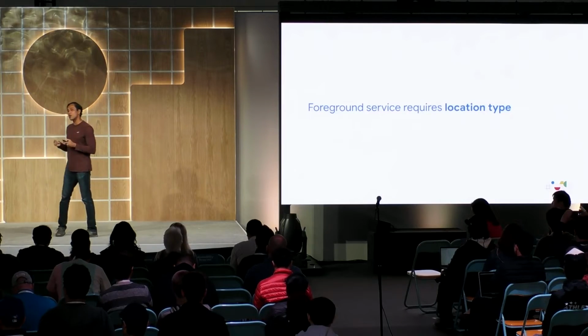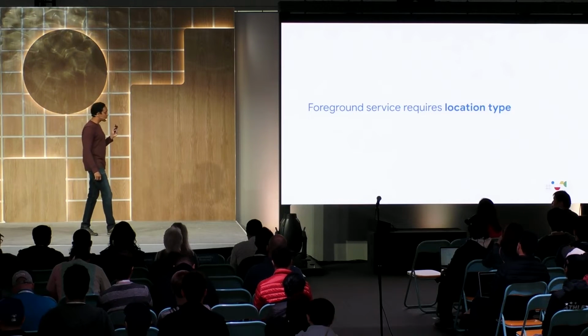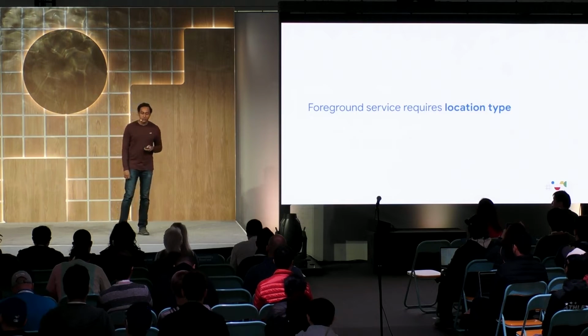So to be in line with the user's expectations, the apps need to use a foreground service and need to continue to get location when running a foreground service. Now, what's new in Q is that apps which need to get location when running a foreground service need to declare foreground service of type location in the manifest. We will be limiting permission usage based on this type of declaration.